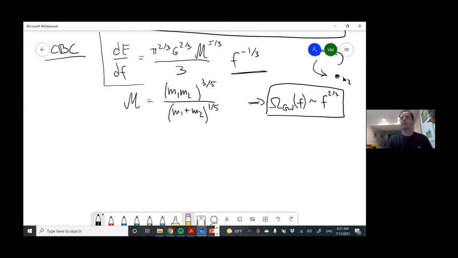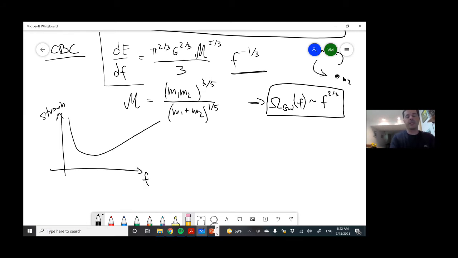And this is not just because of what the gravitational wave detectors' strain curves look like. If I plot strain as a function of frequency, I'm sure you have all seen that the sensitivity of LIGO and Virgo looks something like this, where this turnover happens at about, let's say, 200 hertz, roughly speaking.